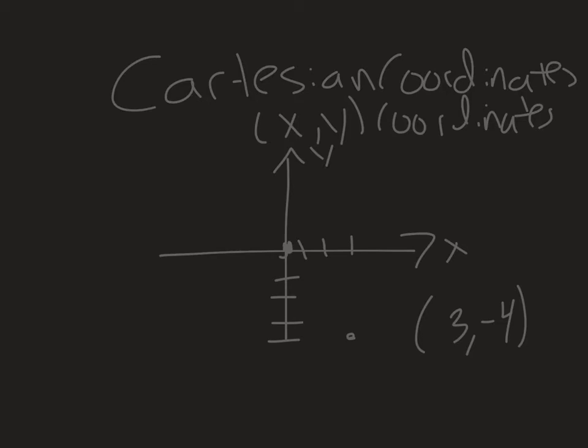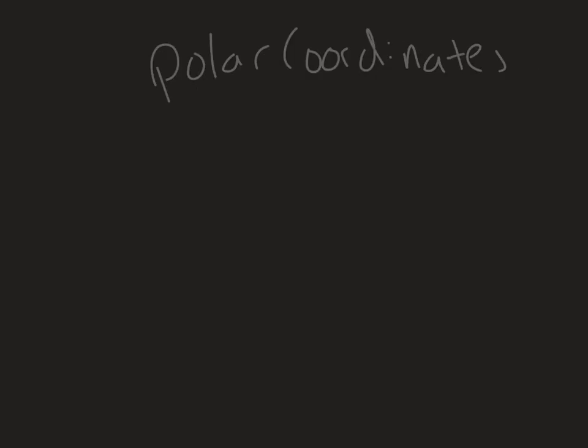Now let's talk about polar coordinates and how they're a little bit different. The whole idea at its core is I'm going to look at our origin, as we do, and I'm going to look at whatever this point is. And instead of asking how much did I go to the right and how much did I go up with our standard x and y coordinate plane, the idea is, how far would it go in a straight line?